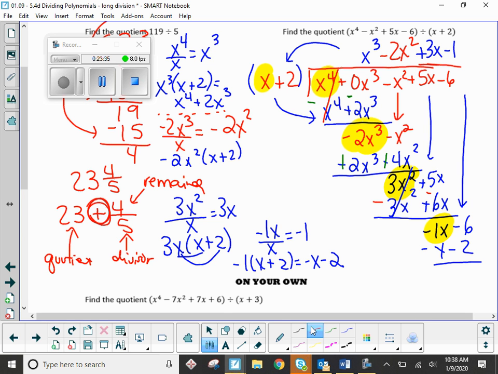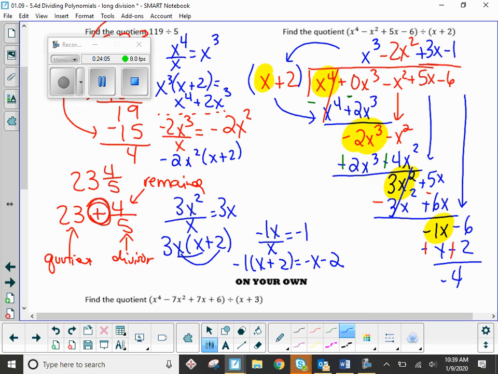Mario? Yeah, there's actually 2 different ways you can go. I'm going to talk about that here in just a second. So subtracting those means change the sign, so that gives you a remainder of negative 4.